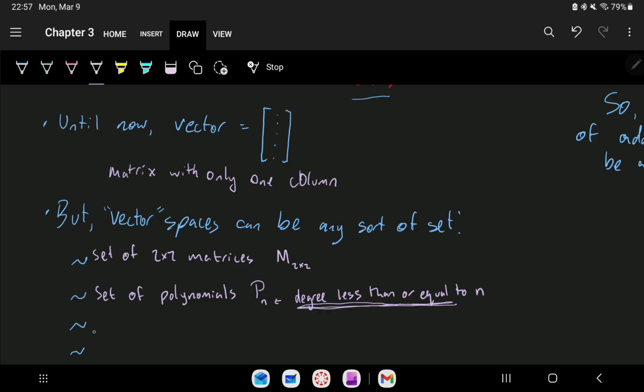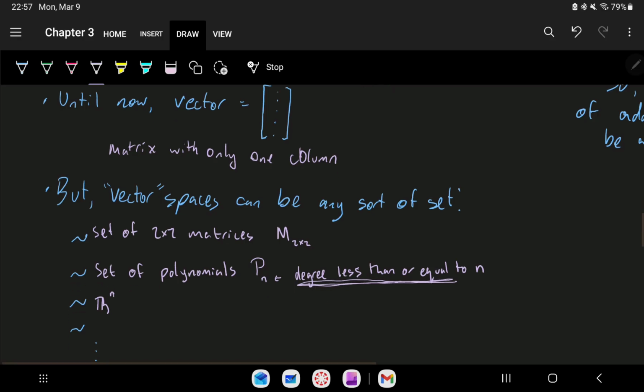Similarly, the set of real numbers, a Euclidean space, R superscript n, shout out to chapter 2, that can be a vector space. We can have the set of complex numbers. This little fancy C, that's a vector space, right?